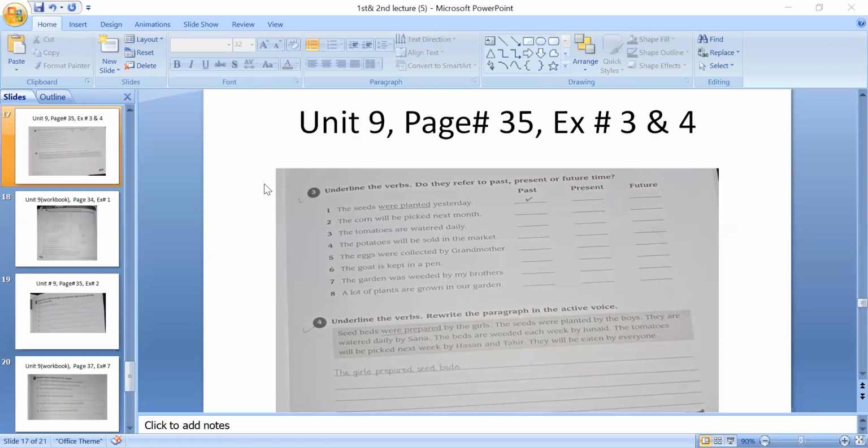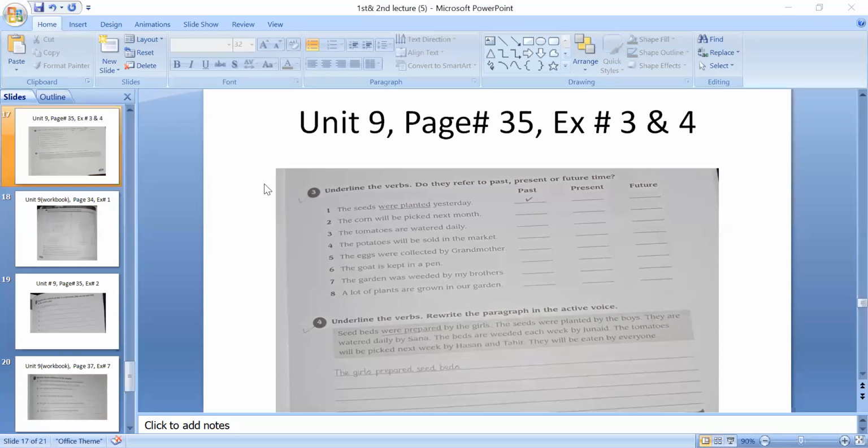Were collected. Yes, Yashad, beta, please tell me, is it past verb, present, or future? Present. Beta, it is a past verb. Were. Was and were. I told you that was and were will be used in past tense.